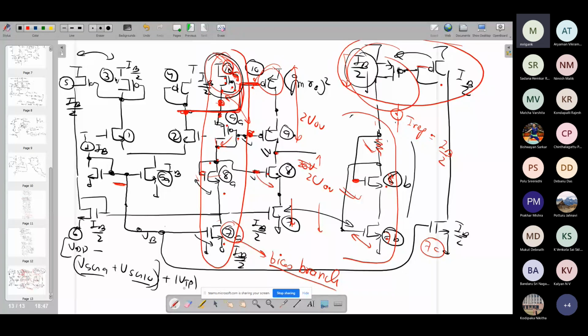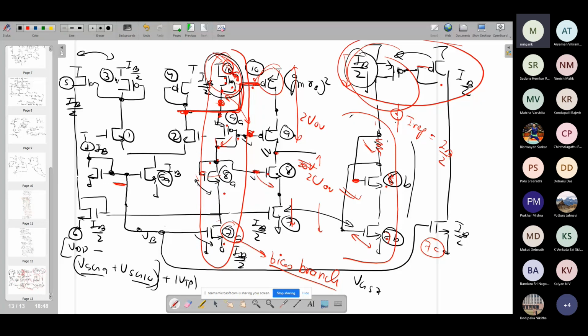Likewise, on the lower side also, you have the VGS of M7, and you have the VGS of M8. As compared to the M7 over here, that will develop the VGS7, and then you are creating the VGS of 8.